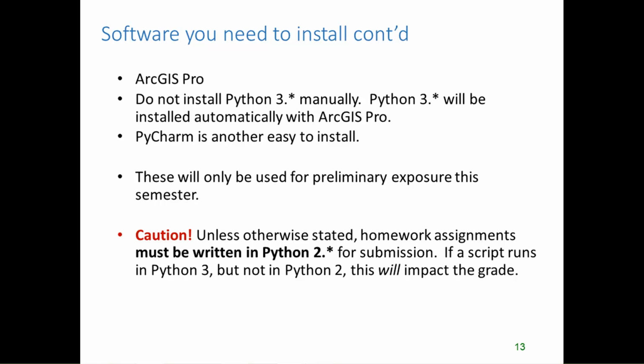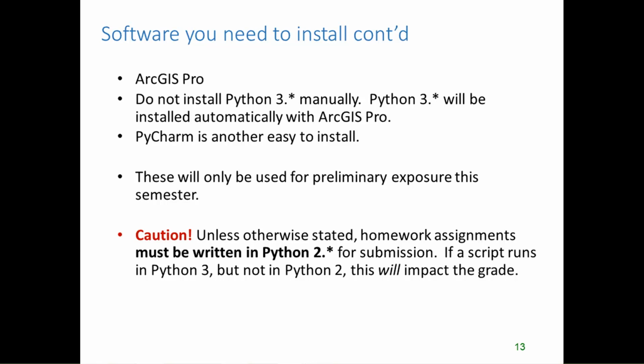We are installing ArcGIS Pro and PyCharm to provide some basic exposure to this software and so that you can explore changes between Python 2 and Python 3. We will be working primarily back in ArcGIS Desktop and Python 2, and there are some differences with Python 3.